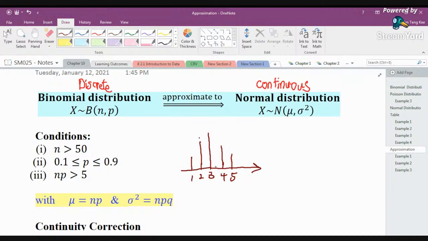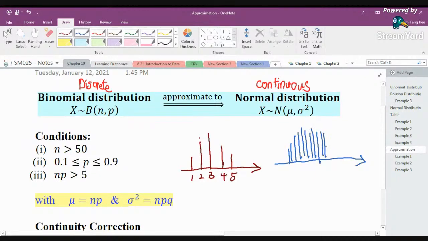And why I can have discrete approximate to continuous is that, let's say, instead of just having the data 1, 2, 3, 4, 5, you find that your data have many more values. For example, instead of 5 straight lines there, I have more straight lines involved, maybe 1,000, maybe hundreds in my distribution.